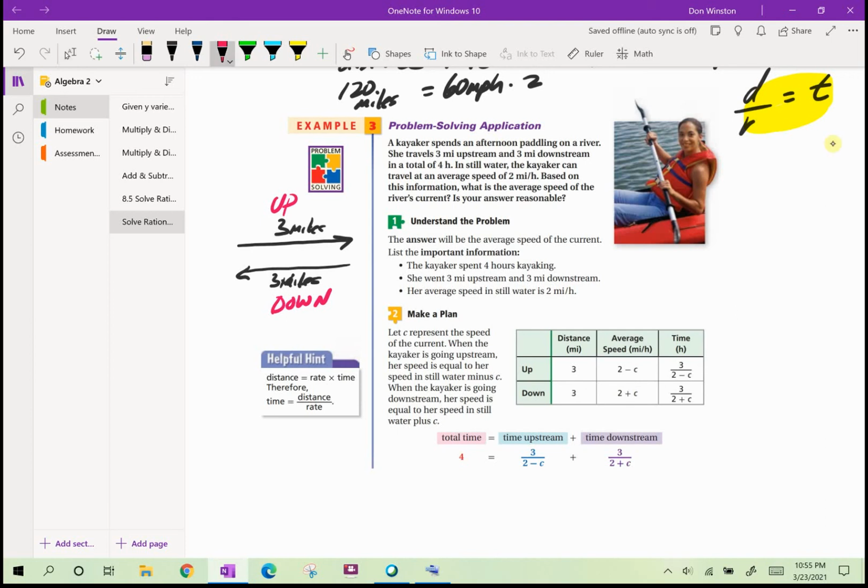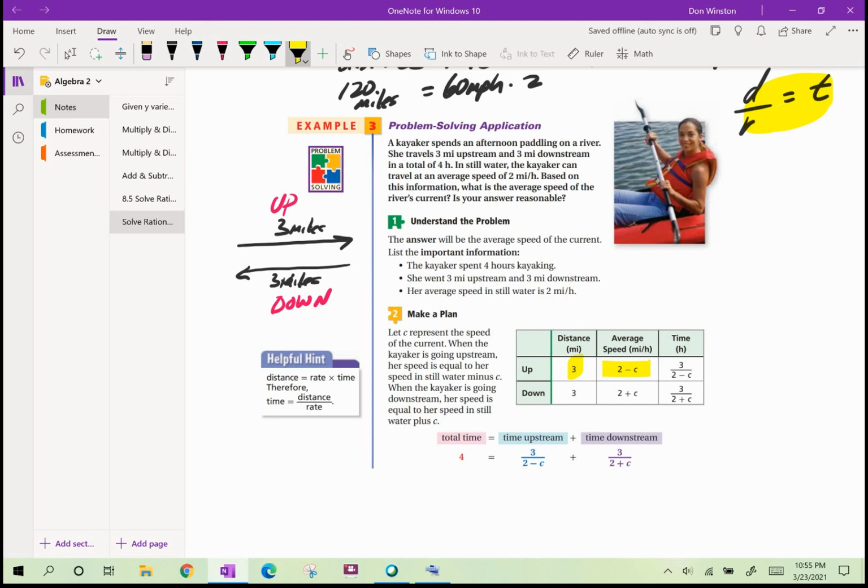So going upstream, the kayaker travels 3 miles, but the average speed is going to be less than what the speed would be in still water. So the average speed, we'll say, is going to be represented as 2 minus c, c representing the speed of the current, which we don't know.